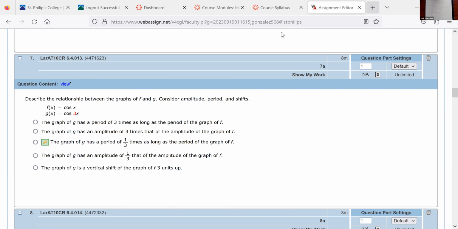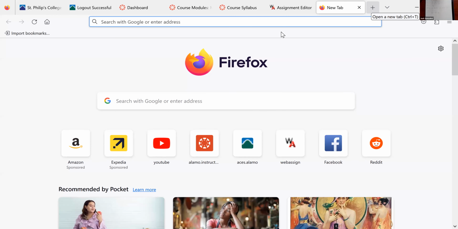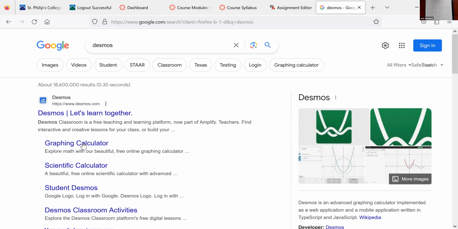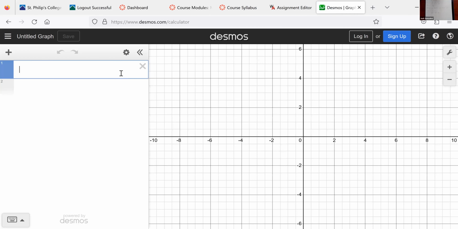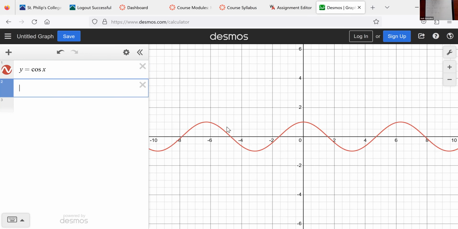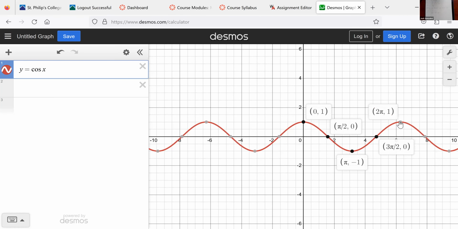Okay, so if we graph them, let's say we have y equal cosine x, that's the original. At 0, we plug it into the unit circle, we get 1, right? At pi over 2, you get 0. At pi, you get -1. These are all numbers from the unit circle.